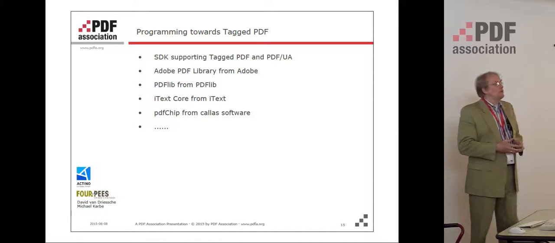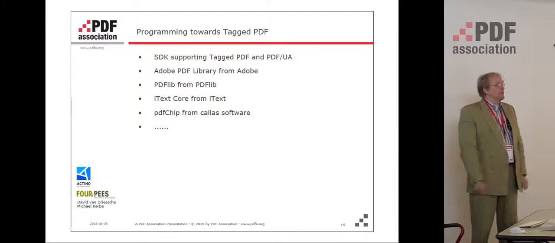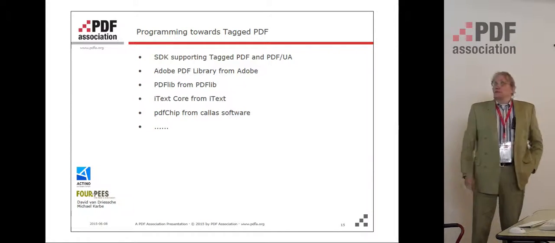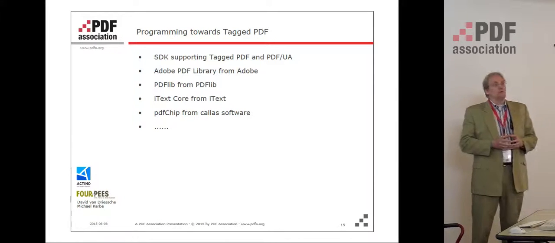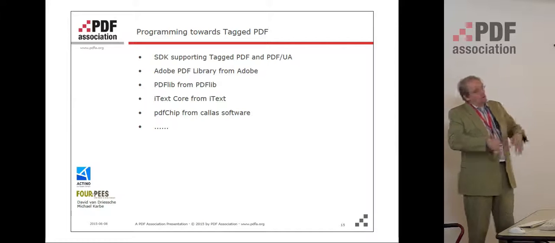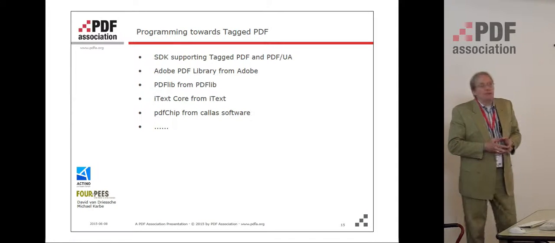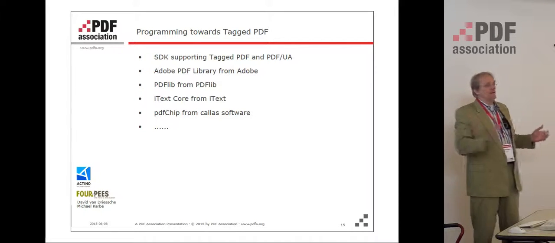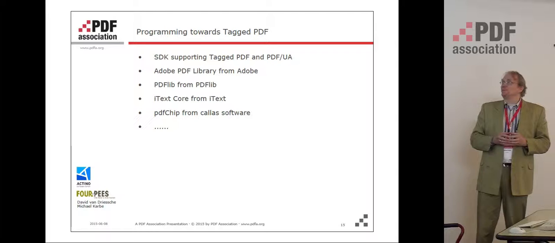PDF Lib is another name in the market. Adobe, of course, also provides functionality in that direction. And this is, of course, a very recommended way, that you have, let me say, an automated environment which directly creates PDF UA without any manual remediation work.